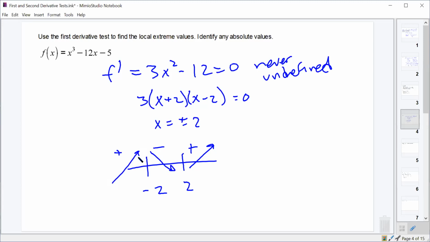So we can see that our function is increasing from negative infinity to negative 2, decreasing from negative 2 to 2, and increasing again from 2 to infinity. And we're looking for local extrema. So that means we're going to have a local max at x equals negative 2 and a local min at x equals 2. Good or no? Good. All right, let's find those values. So what's f of negative 2? And what's f of 2?